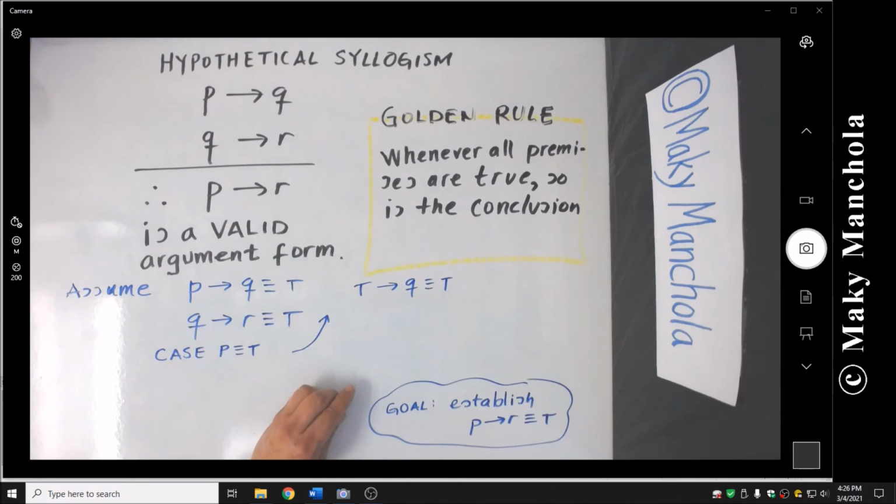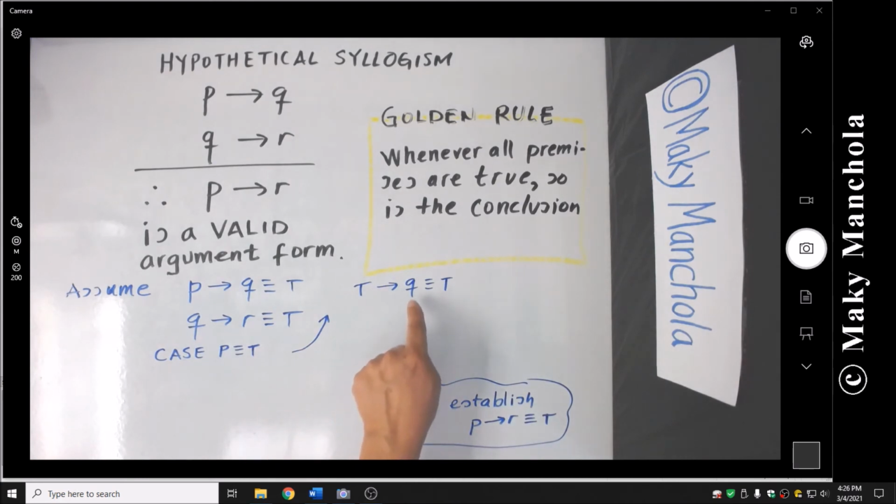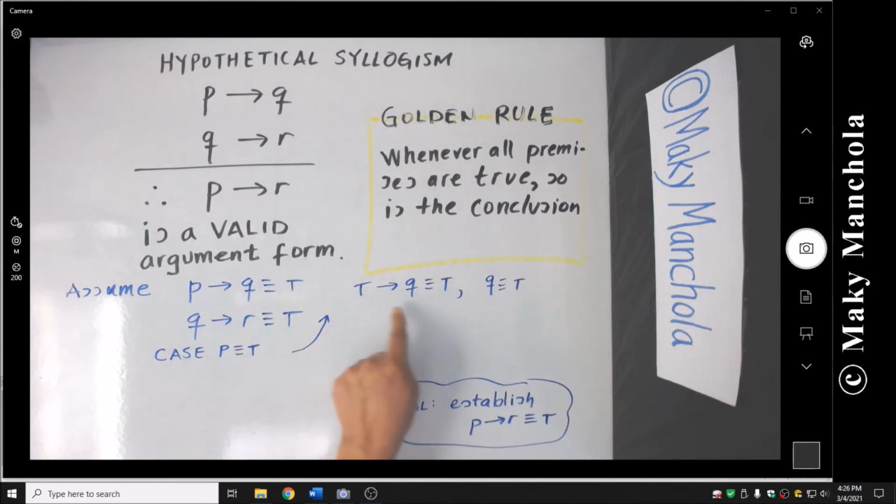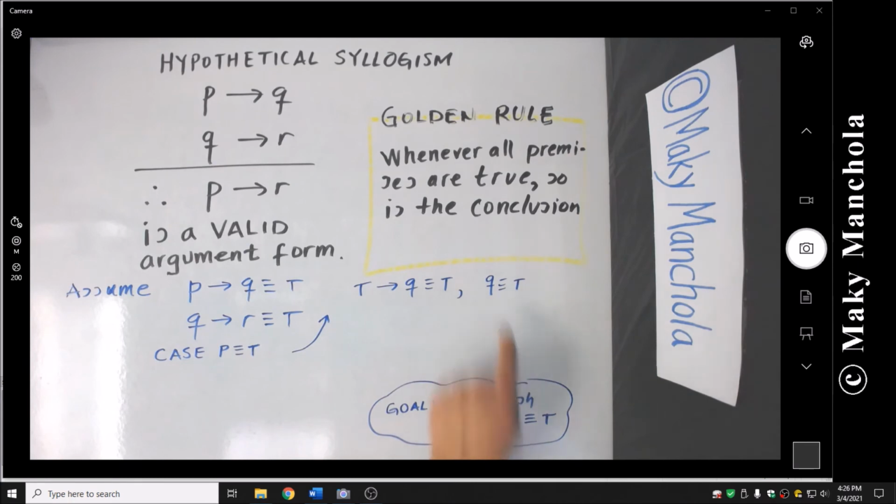But then this implies that Q itself must also be true. That's by our definition of the conditional. If we want true implies something to be true, that something can only be true.